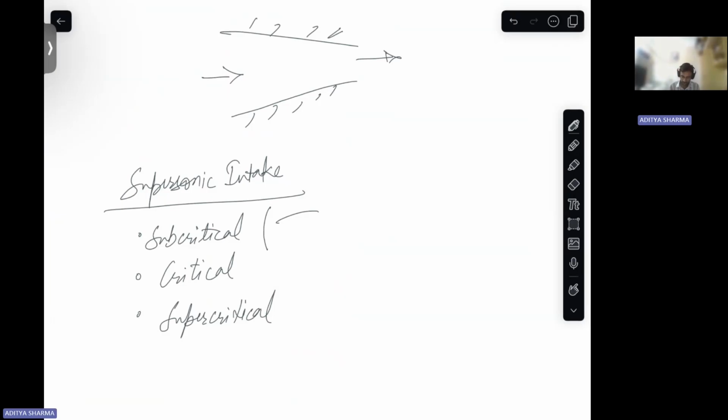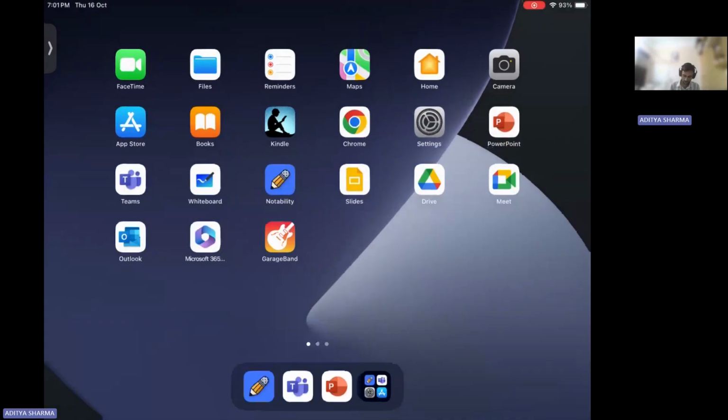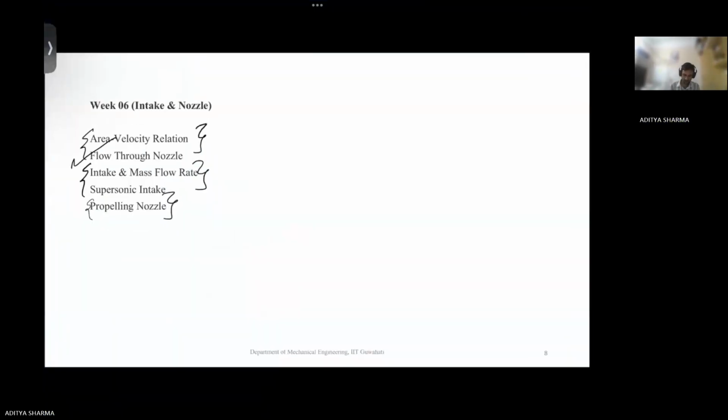In your critical case, it will be just at the entry, and in the supercritical case, you will have this oblique shock here and one shock inside your intake. Okay, so these three modes of operation are in supersonic intake.